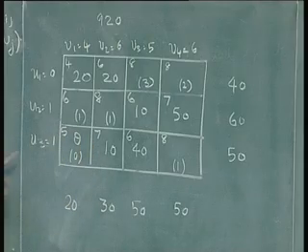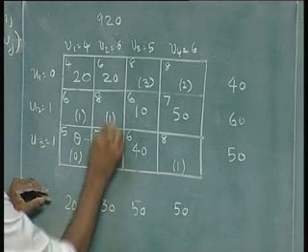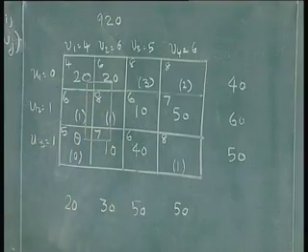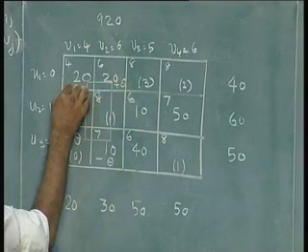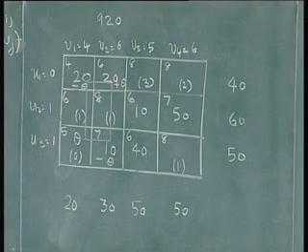So when we put a theta here, now this is the loop. So this will become 10 minus theta, 20 plus theta, and 20 minus theta. Now this will become a new solution, which is this.